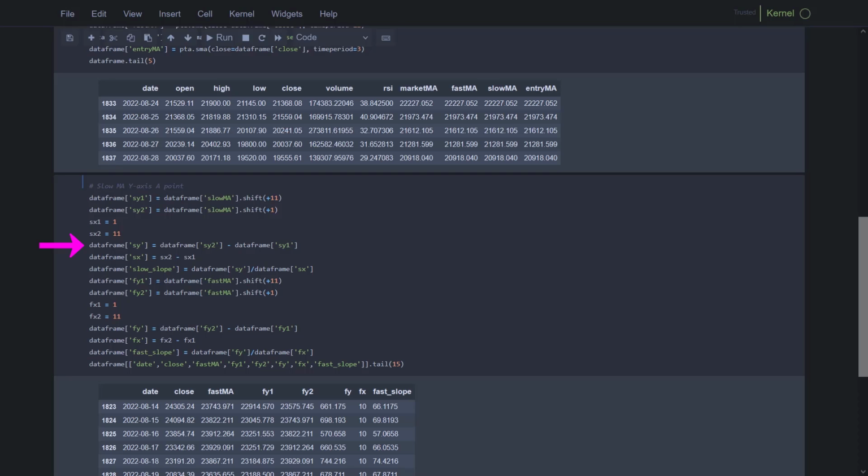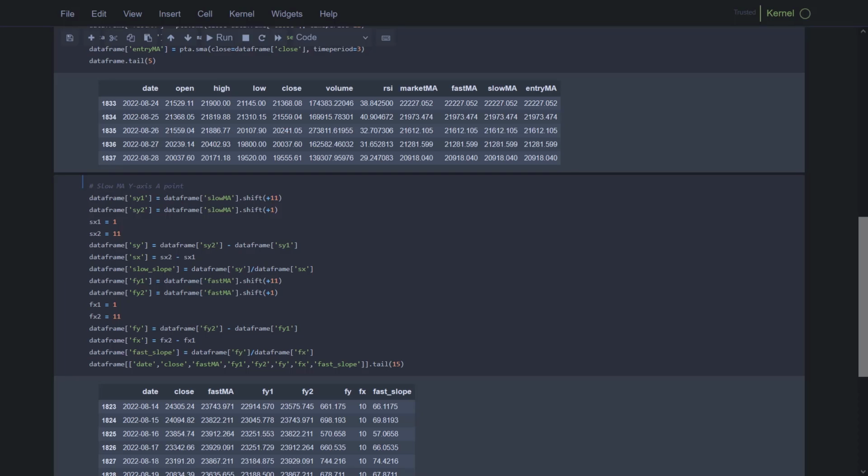And here with the data frame dy and data frame dx, I calculate the differences between the points, and then I finally calculate the slope here by dividing data frame dy by data frame dx.